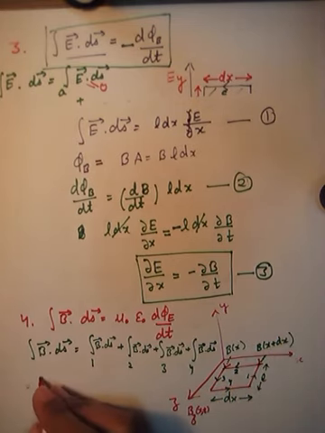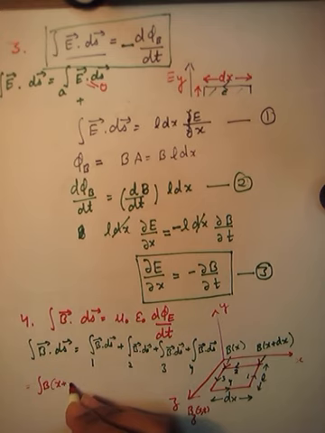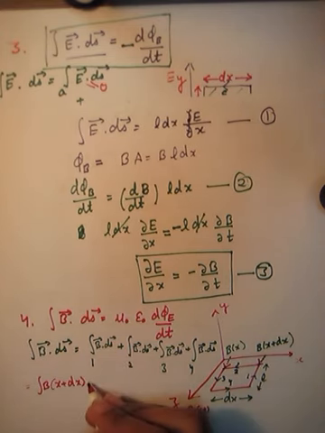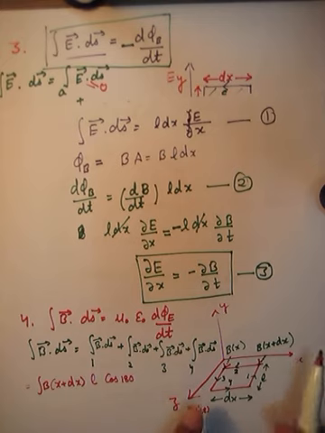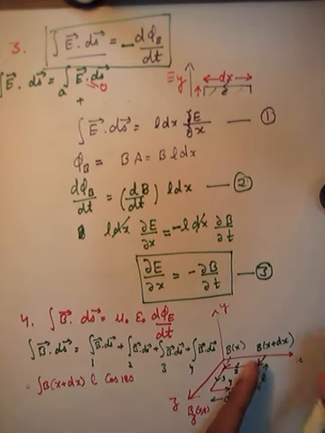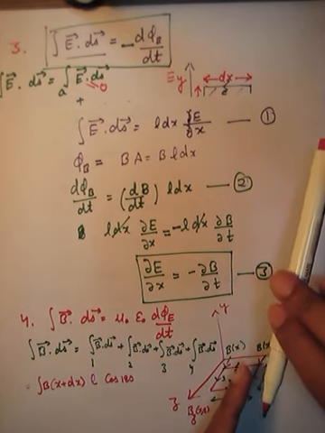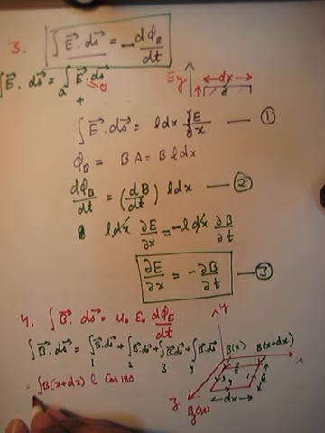Now the magnetic field along this length will be B(x plus dx), and then the length is L, and then the angle between them should be 180 degrees. Why? Because length is pointing in this direction and magnetic field is pointing in the z direction, so they are pointing opposite to each other. So this was for length 1.